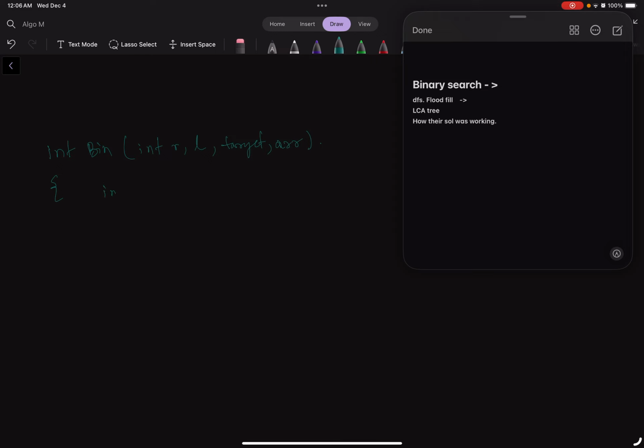So int mid equals left plus right by 2. If target equals ARR of mid, then return mid. This will be the answer.